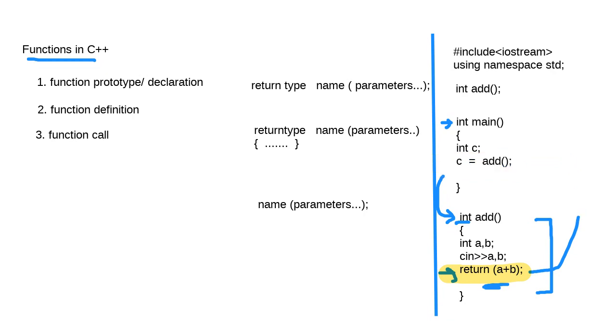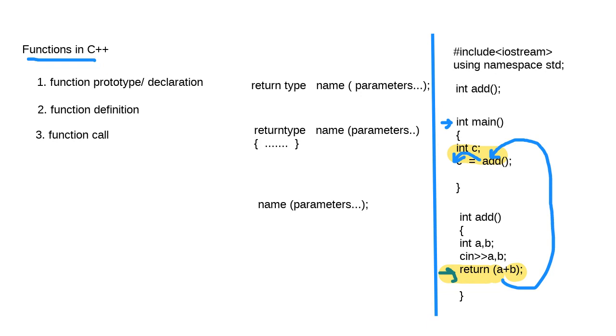You need another variable to store the result of a plus b, right? So in the main, you declare another variable c, and again c equal to add. Whatever value is returned from this return a plus b in the add function will come here, and finally that will be stored in the variable c.